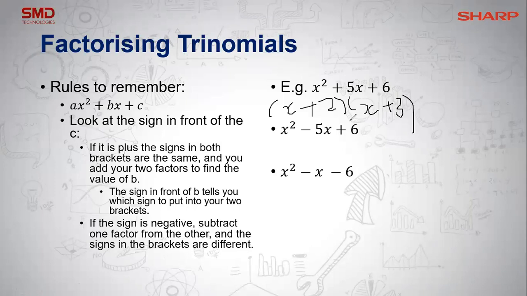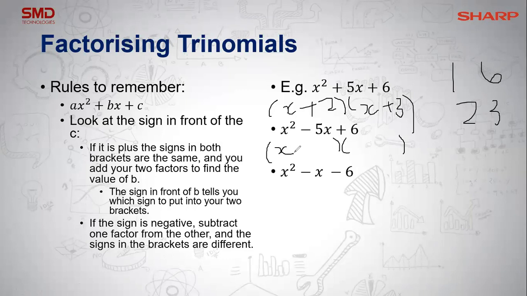And again, we can see the same thing. My sign at the back is a plus. So I need to add my 2 columns together. I'm just going to write them here. You saw them on the calculator, right? So my sign at the back is a plus, which means I have same signs. And I am adding my 2 columns together to get my middle sign.